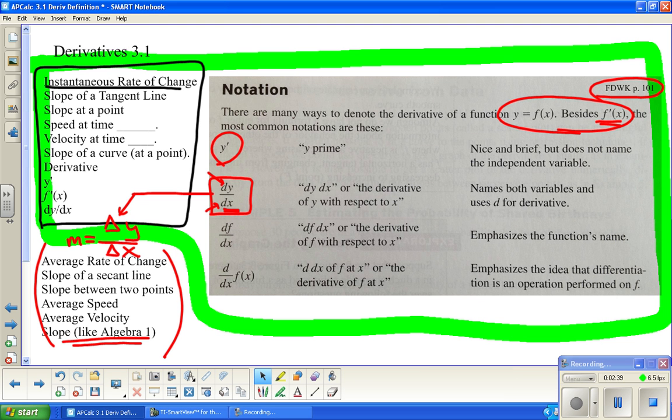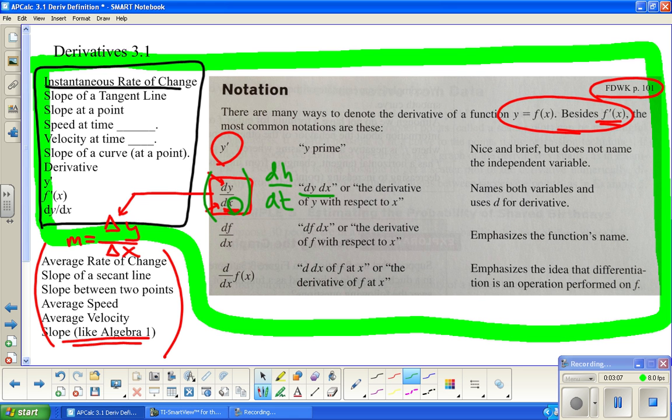In terms of how we are going to say this notation, that's dy dx, that's how we are going to read that. Or in other words, the derivative of y, or the derivative of f, the derivative of whatever, with respect to x, because we might have different variables. Similarly, this might be dh dt sometimes if it's the derivative of height with respect to time or something like that.